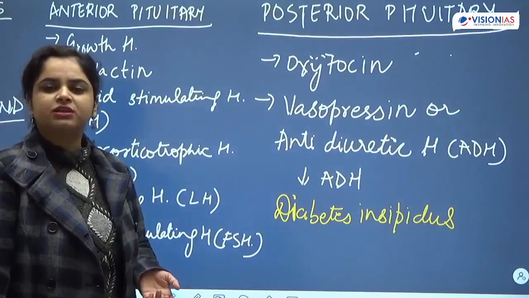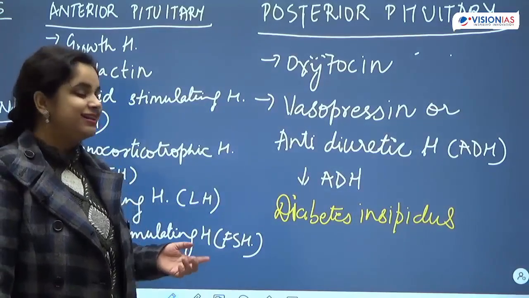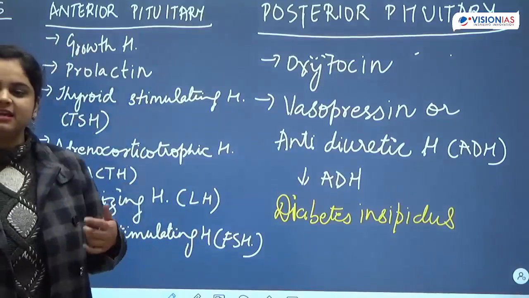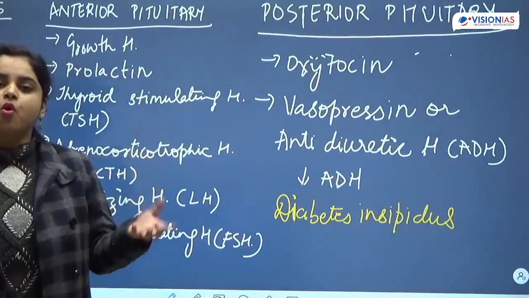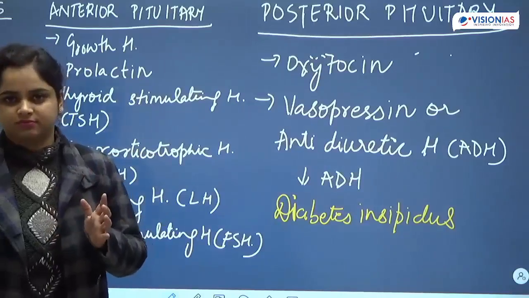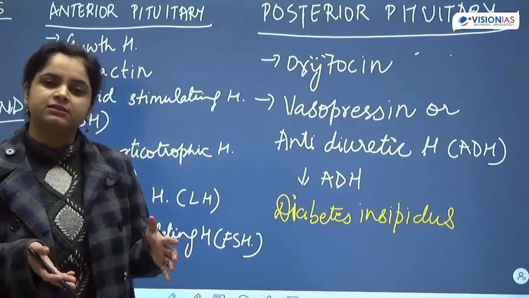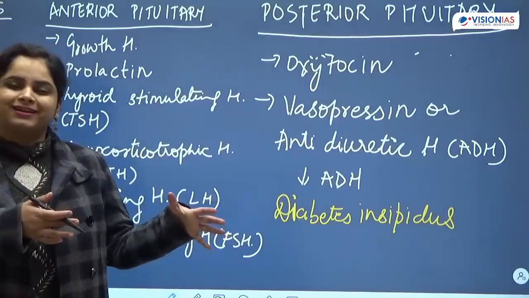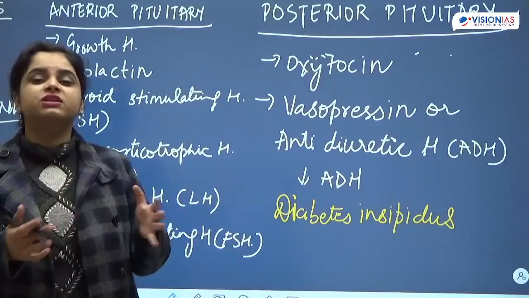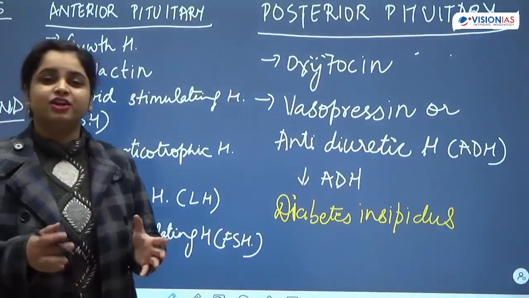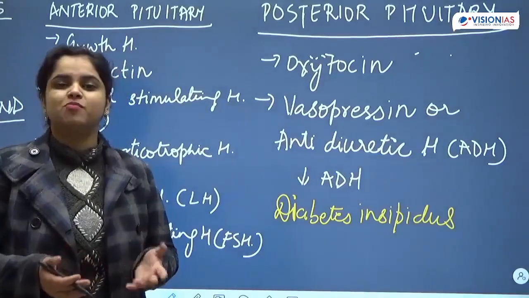ADH is deficient, that means that less reabsorption of water. Less reabsorption means more water is lost. If you are not going to reabsorb water from the kidneys into the blood supply, then that means that you are losing that water. And losing that water means that the urine formation is going to be more.